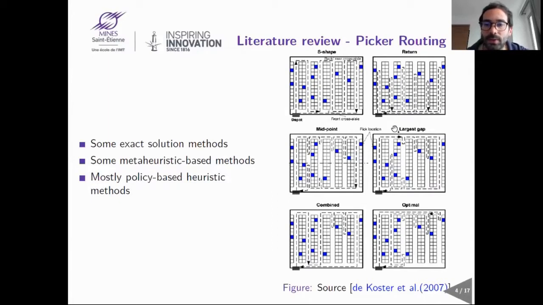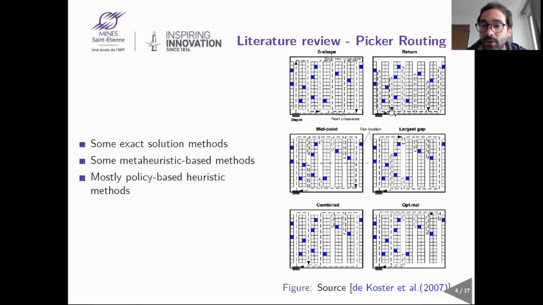A bit more sophisticated is the return method that we will use in the application cases for this talk, where for each aisle, the picker goes to the farthest location where there is an item to pick, and comes back to the front aisle.